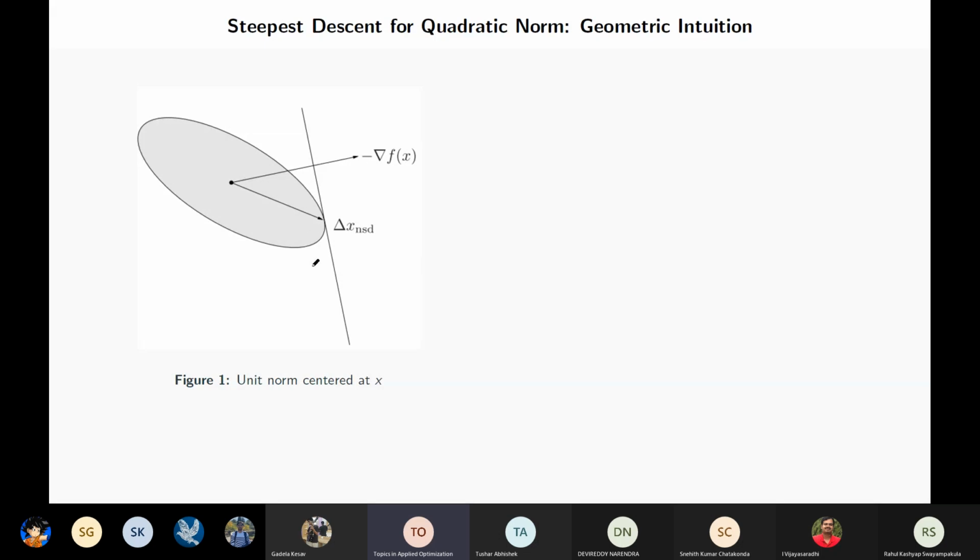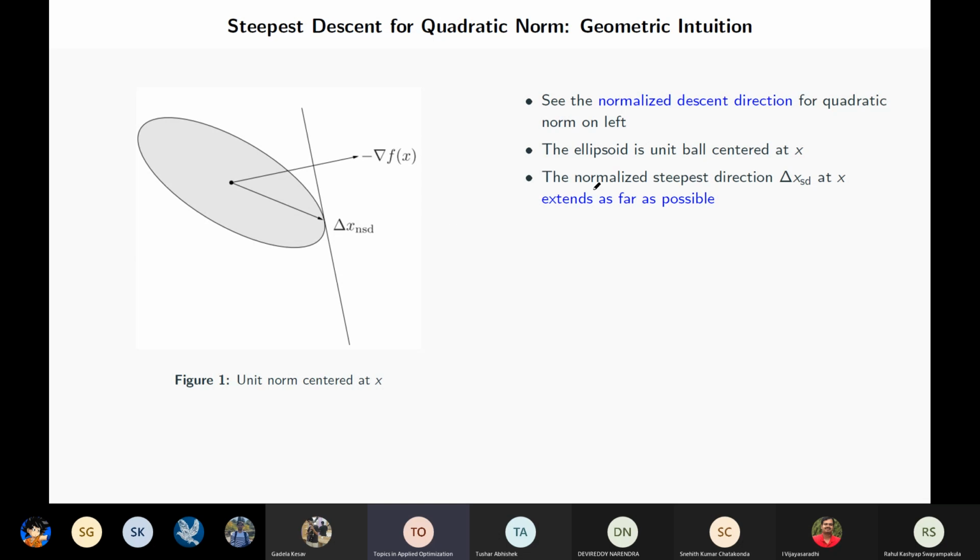Contrast this with the Euclidean case, where it was a perfect sphere. Now, by choosing a P norm, you are creating a unit ball like this, and in this you're asking what is the good steepest descent direction. This is an ellipsoid unit ball centered at x, and the normalized steepest descent direction at x extends as far as possible in the direction of grad fx.